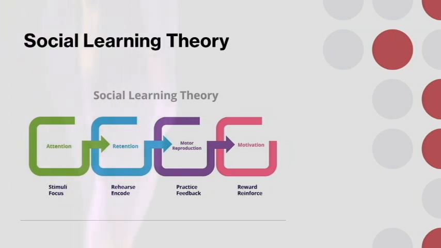Then we have the cognitive processes, and here Bandura highlighted the importance of cognitive processes such as attention, retention, reproduction, and motivation in that whole learning process. So attention is really important because it refers to the extent to which individuals will focus on and pay attention to the model's behavior.